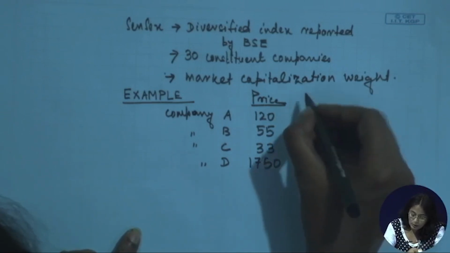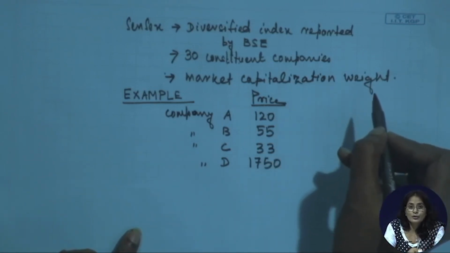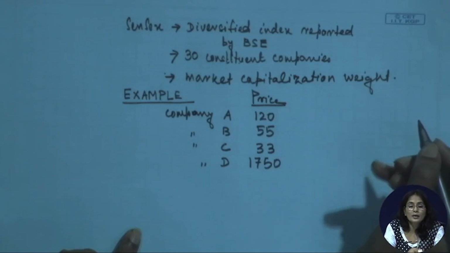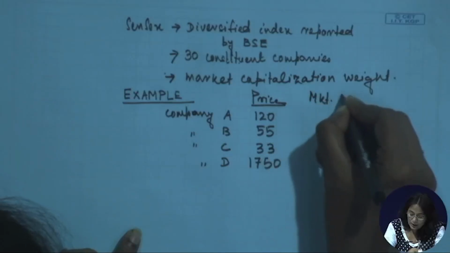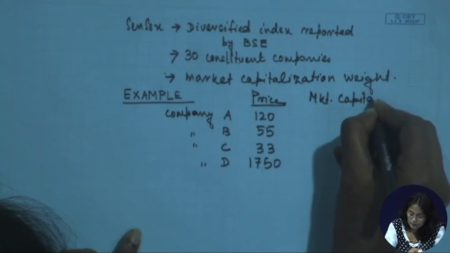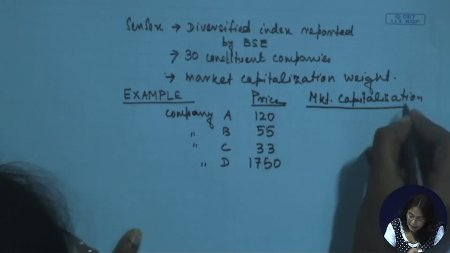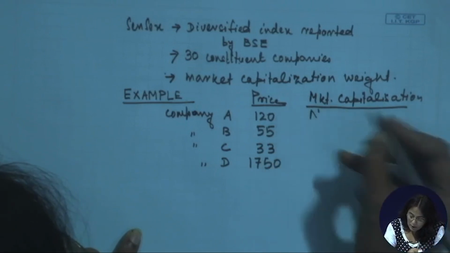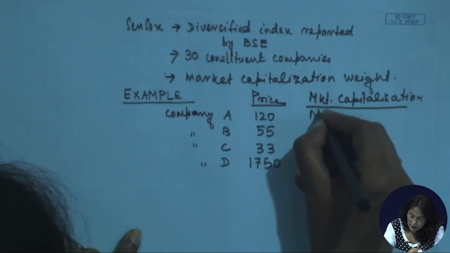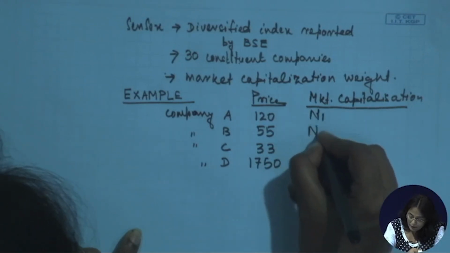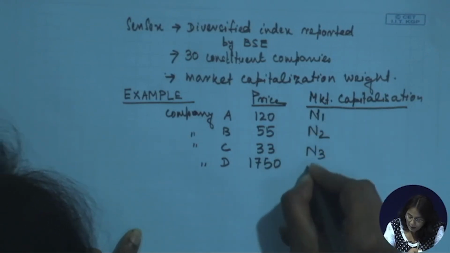Now because these are market capitalization weighted, we have to find out the market capitalization of each of these companies. So how do we find out the market capitalization? It will be calculated using the number of shares. Let's say the number of shares for company A is N1, and then you have N2, N3 and N4.